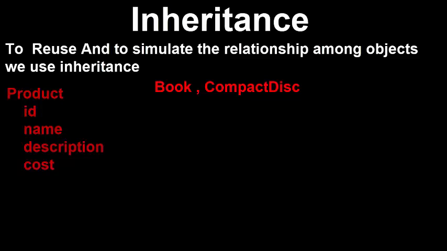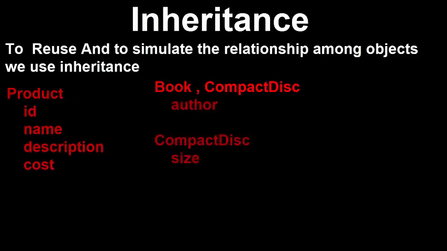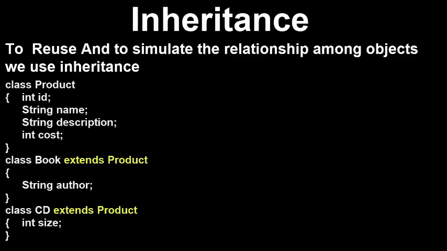These two will have the same attributes as product, but they shall also have some additional attributes: book may have author, CD may have size. Hence, these two classes shall inherit the traits of the class product along with their own features. Thus, inheritance facilitates class reusability.